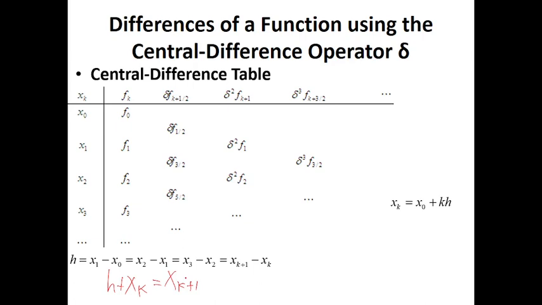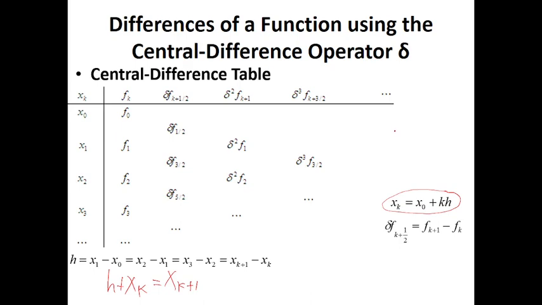And in here, x sub k equals x sub 0 plus kh. I already introduced this before. This is just the same as the analysis for the forward difference table.